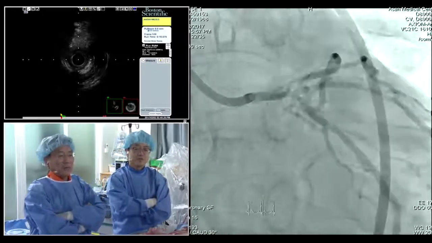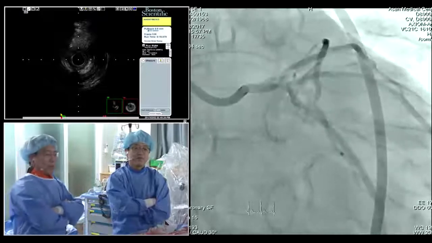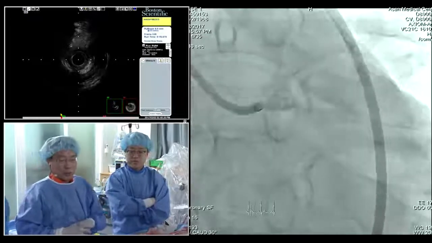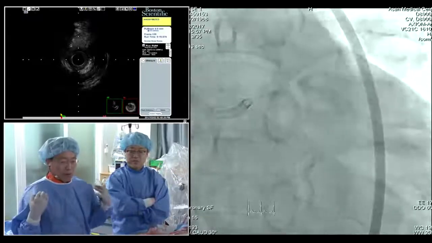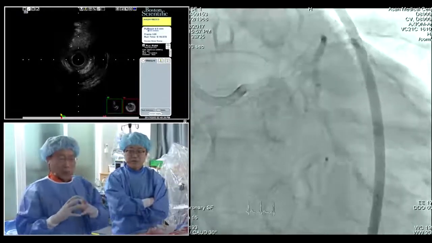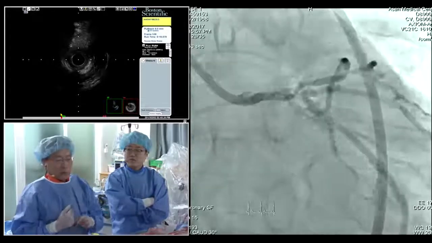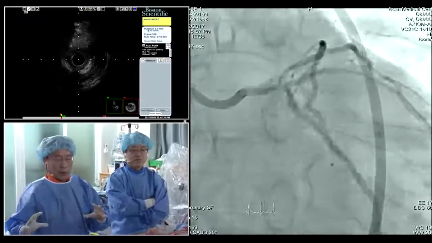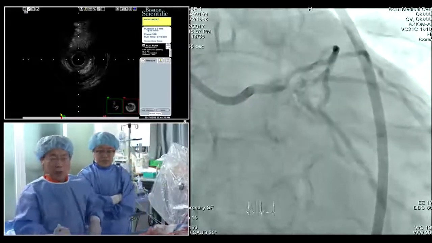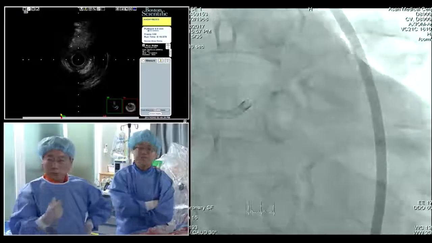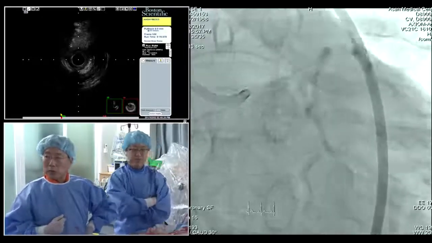All right, based on the large registries and the meta-analysis, we got some idea, especially for left main PCI, as quite comparable clinical outcome with the bypass surgery, if we can make a complete revascularization and a perfect procedural outcome, right?